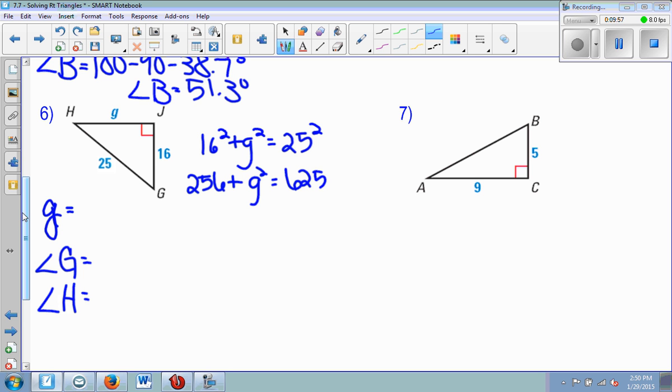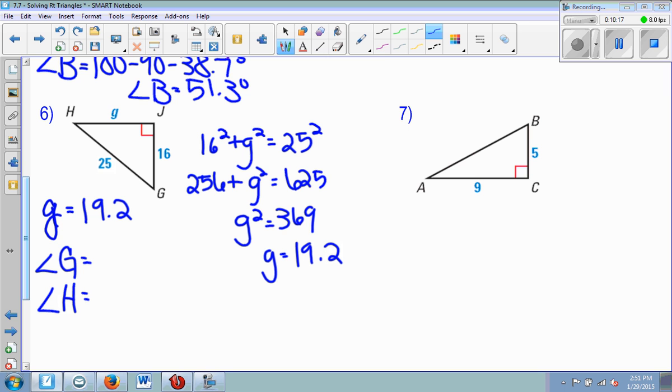In order to solve, we would subtract those values. So we get 369. And if we take the square root, we'd get a value of 19.2. So there's the third side of my triangle, 19.2.